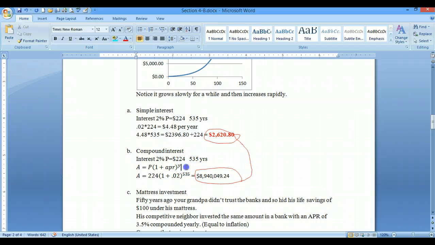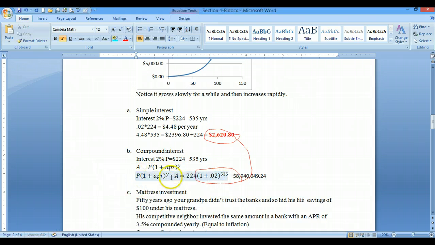Now I have my formula that was given to us earlier, A equals P times parenthesis 1 plus APR, all raised to the Y. So let's just plug it in. $224, and once you have it typed in once, you can just copy and paste it down for your next one and insert what you need. In fact, I'm going to show you. Copy, bring it down here, paste.